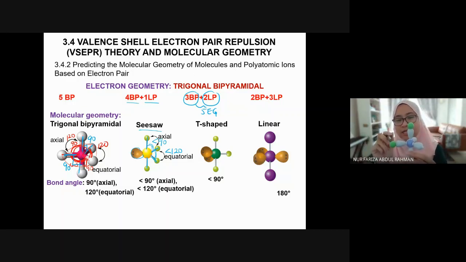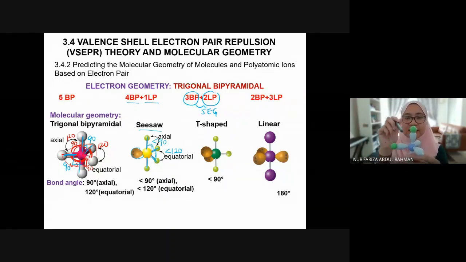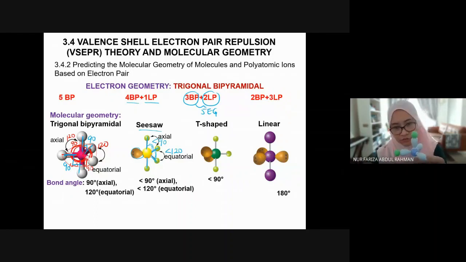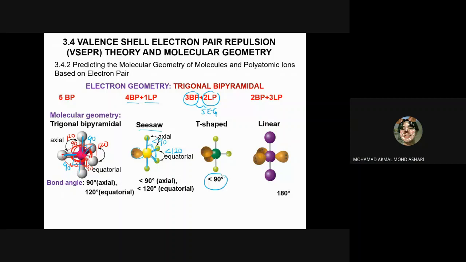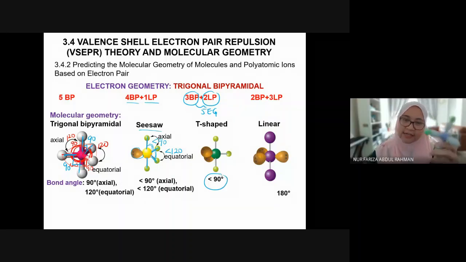So this is the equatorial part, and this is the only atom left at the equatorial position. So what is the angle between the axial and the equatorial? It should be 90 degrees. Yes, no, it should be less than 90.